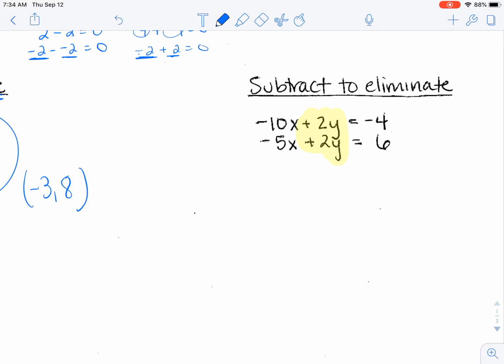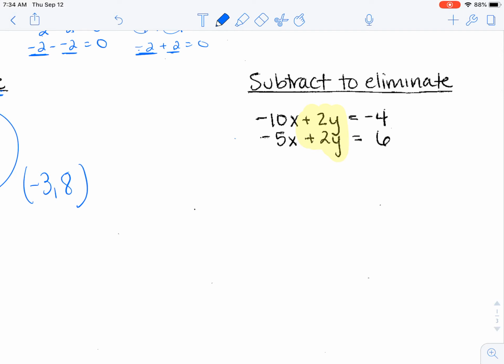So to get that down to 0, I can just subtract. If I subtract these, I'm left with negative 5x equals negative 10. So I'm going to divide each side by negative 5, and I get that x equals 2. Again, 2 minus 2 is going to give me 0, so the y's cancel.